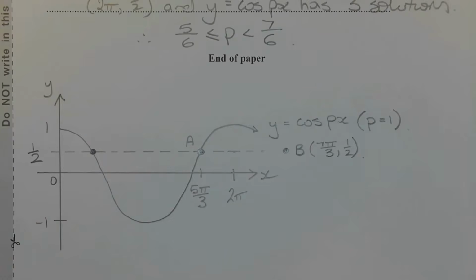So we're interested in the points where the x-coordinate of point A is 2 pi here. We're also interested in the value of p where B lands here, in other words, the x-coordinate of point B is also 2 pi. So we want to find the values of p where A lands here and where B lands here.